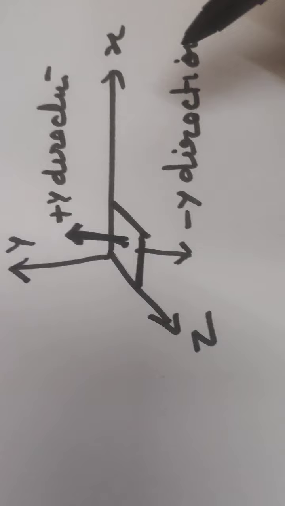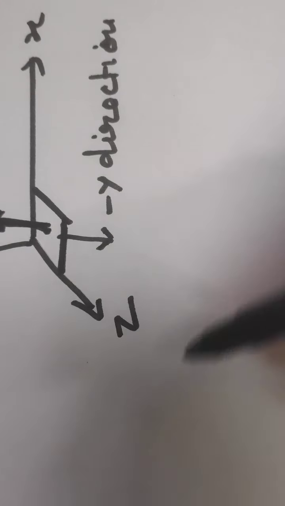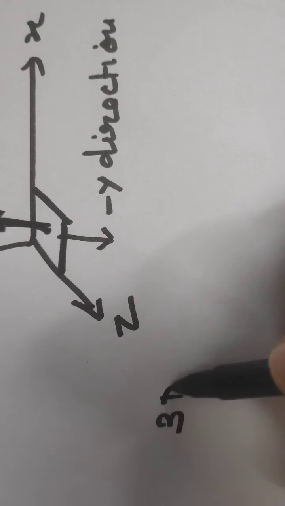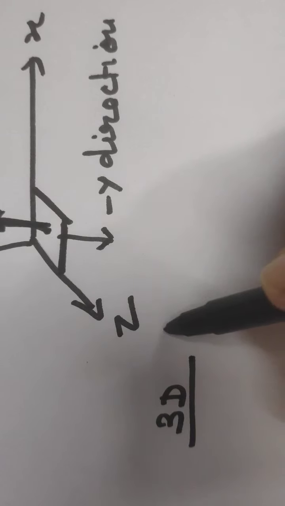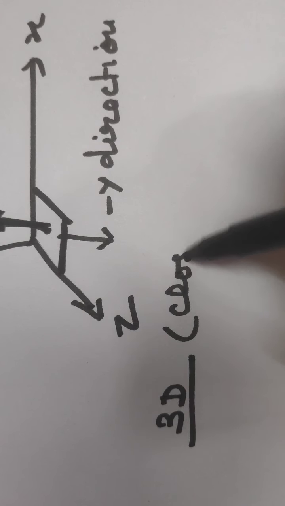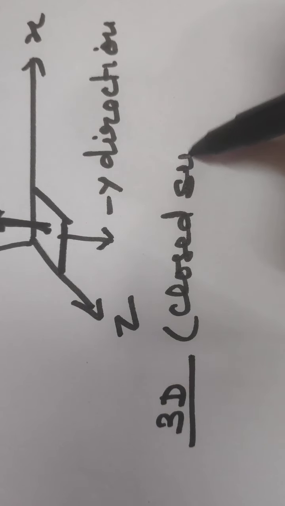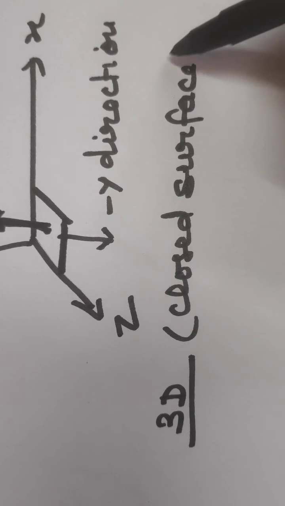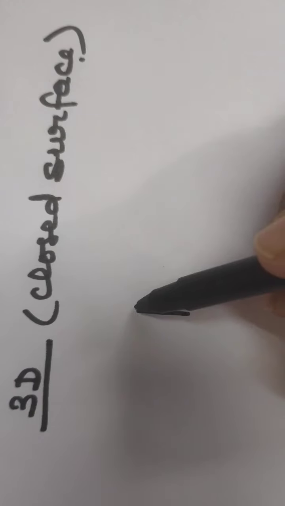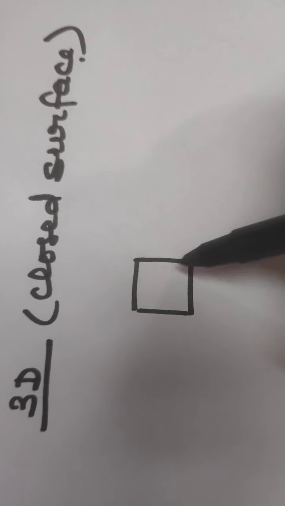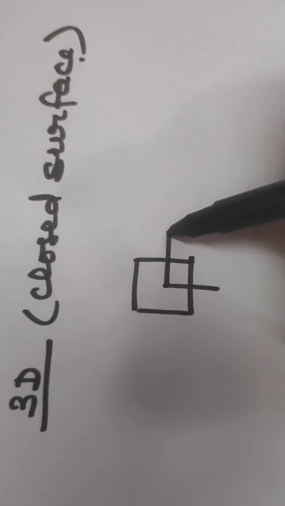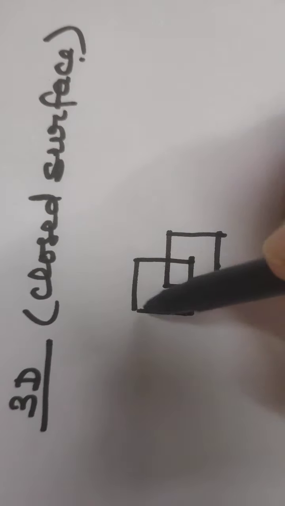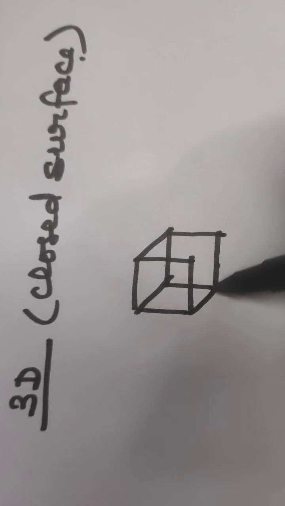So it may have two directions, but in a 3D figure, that is a closed surface, for example, we take a cube like this.